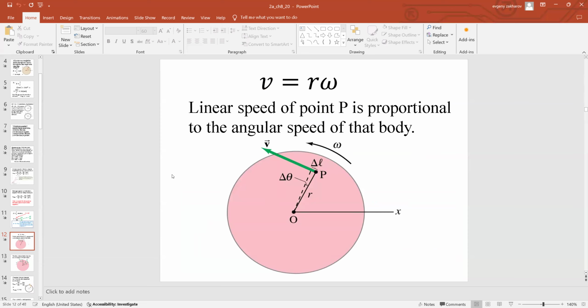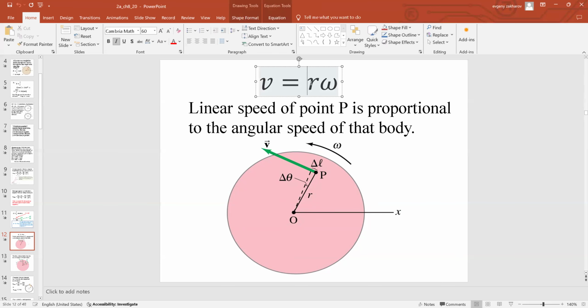So linear speed is proportional to the angular speed of that body. And I'm pretty sure you've noticed that, let's say you're on a carousel or the merry-go-round, if you're close to the center, then you're moving rather slowly. And if you're further away from the rotational axis, then you're going to move pretty fast.